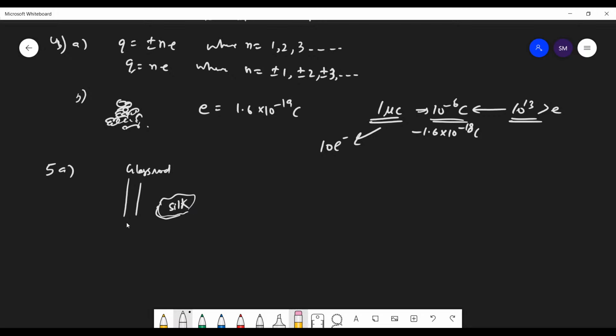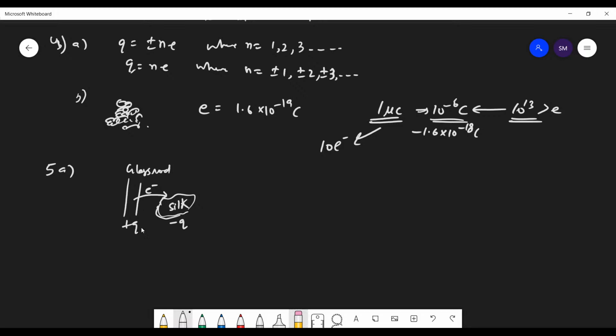Then due to friction, charge transfers, and plus q charge on the rod and equal minus q charge on the silk. Because electrons were transferred when you were rubbing, electrons transferred from glass rod to silk. That is why the silk has excess electrons, so negative charge, and the rod has fewer electrons, so positive charge.